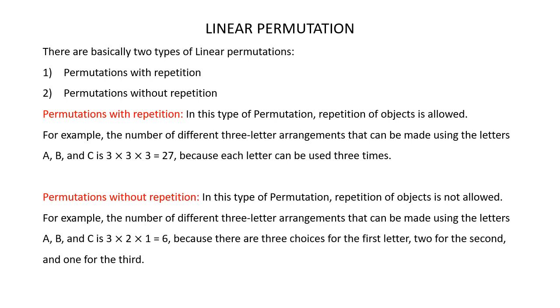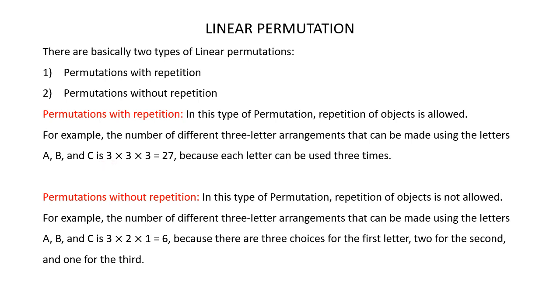So the first letter of the three-letter word can be any of these three letters A, B and C. So you have three choices here. So for the first letter, you have three choices.